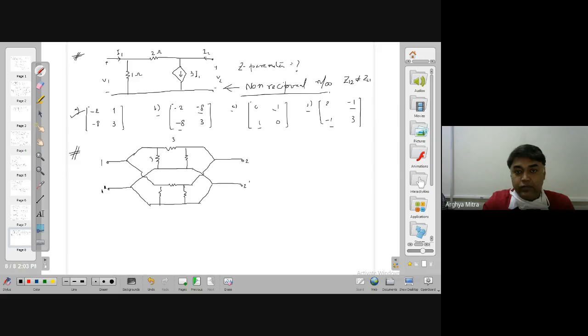The values are 3 ohm, 3 ohm, 3 ohm. This is 2 ohm, 2 ohm, 2 ohm. So how can I simplify this circuit?